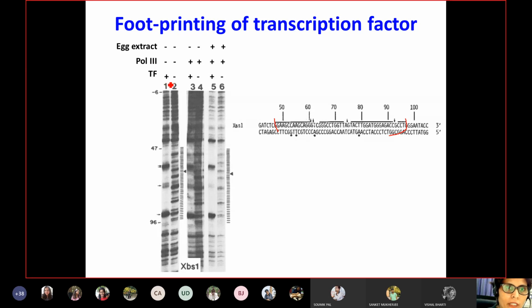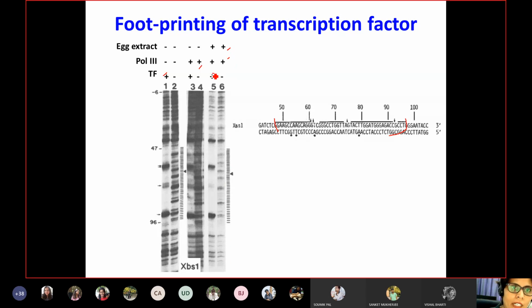So purified transcription factor alone, or polymerase 3 alone, does not give any protection in lane 4, and polymerase 3 in the presence of unfertilized egg extract does not give any protection in lane 6.